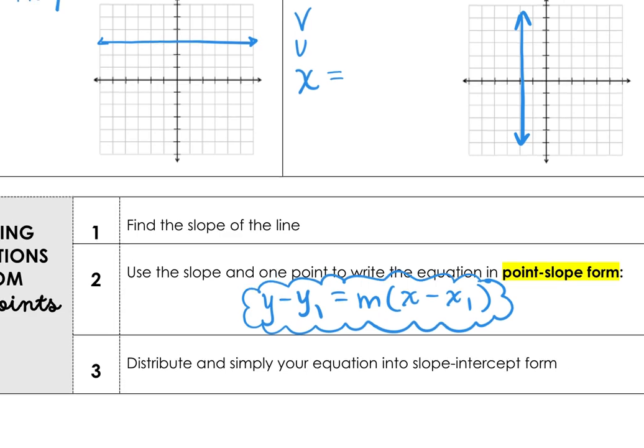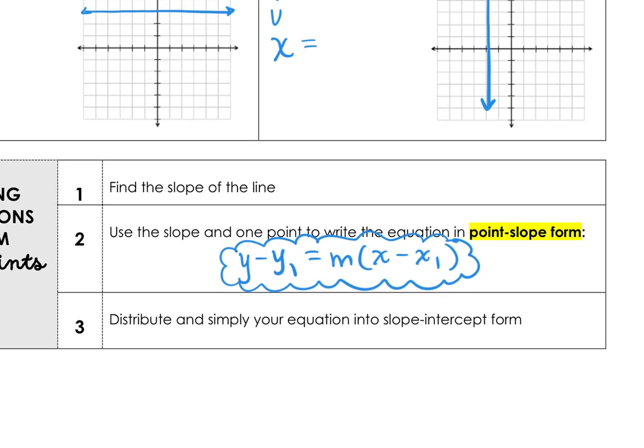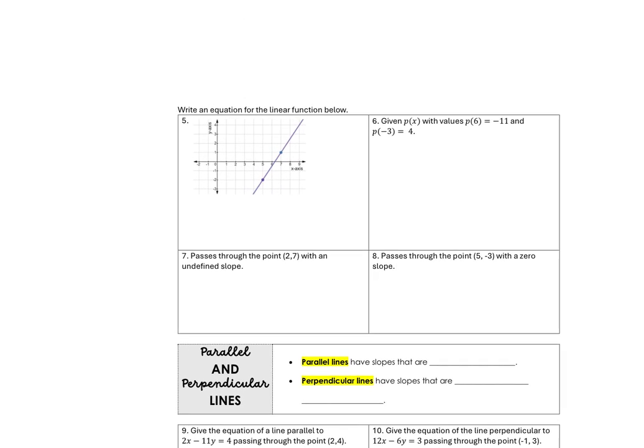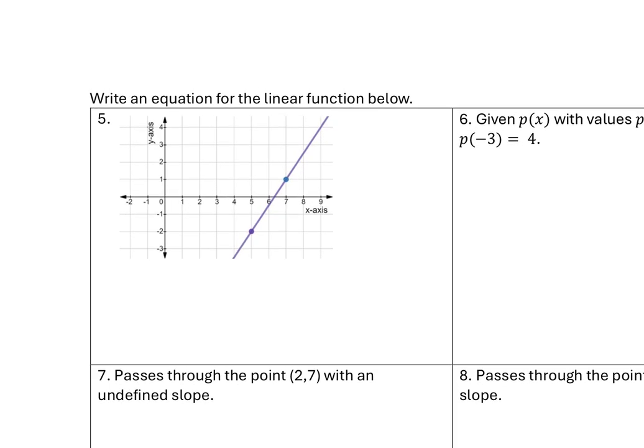Okay? From this form of an equation, we can distribute and then simplify and get that y by itself so that we can convert it from this form into slope-intercept form. All right? So let's practice that with these next couple. The first one I've given to you as a graph. Now, if you could see the y-intercept, then you wouldn't have to do all this work. You could just find the m, the b, and write it in y equals mx plus b.